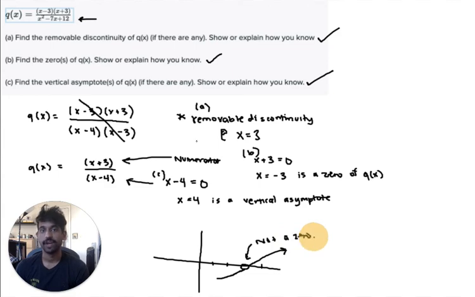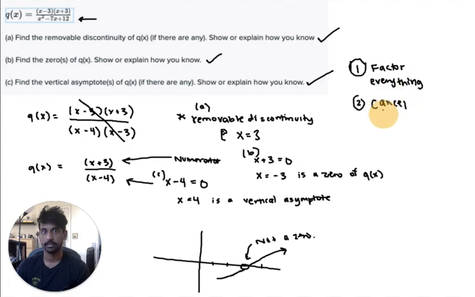And so we first found the removable discontinuity, and then we identified the vertical asymptote, and then we identified the zeros. You can go in whatever order you want that makes sense to you. My first step that I always take, and I highly recommend you do it, is step one, factor everything. Then the next step is cancel things, divide things, and in doing so, you find removable discontinuities.